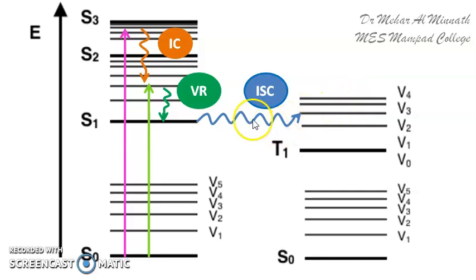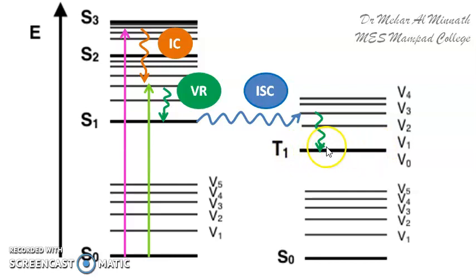Because this spin flipping is necessary, intersystem crossing is a bit slower process. We have discussed this in the non-radiative relaxation video.